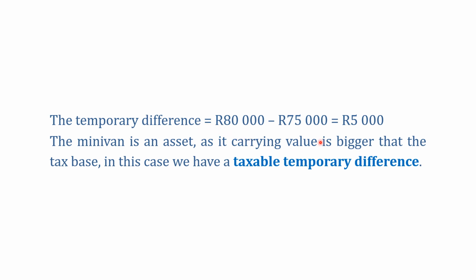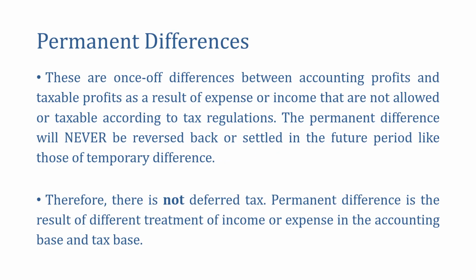Of 5,000. The carrying amount is 80,000, the tax base is 75,000, so there's a temporary difference of 5,000. Remember, this is an asset, and the carrying value of an asset is bigger than its tax base. In this one, we have a taxable temporary difference.